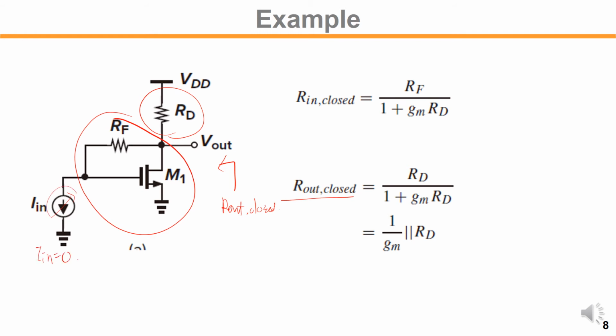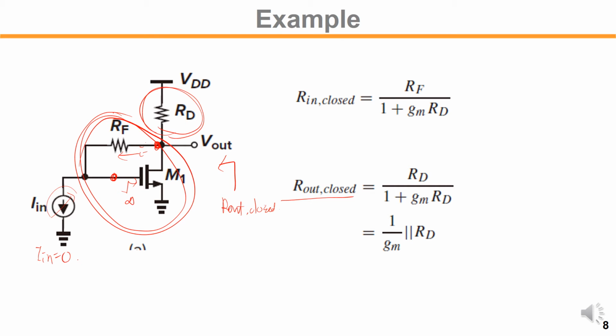In that case, the current source impedance is infinite. So we have the impedance RD in parallel with the bottom circuit network impedance. As you can see, the voltage at the drain and the gate is the same, because there's no current through the RF, because the input gate impedance is infinity, right?